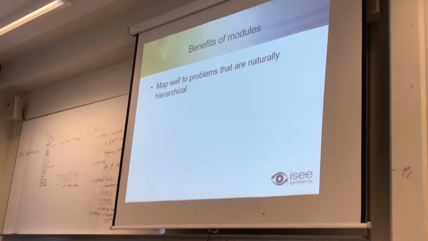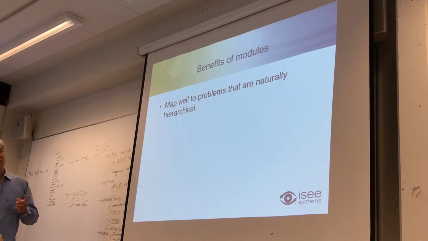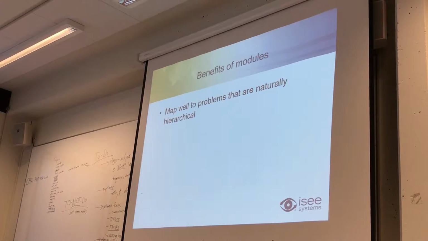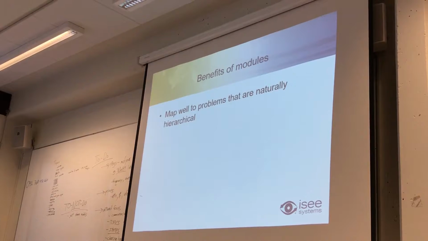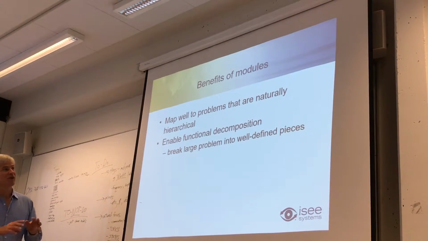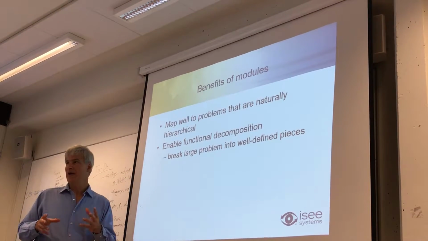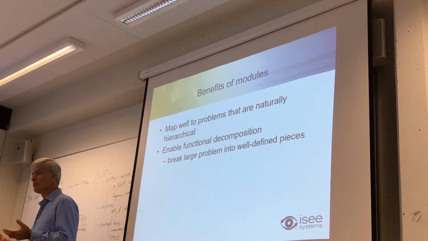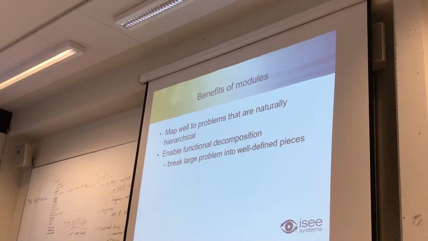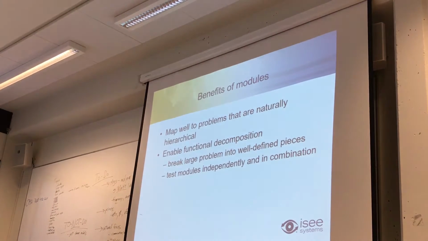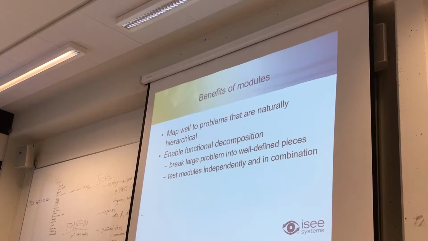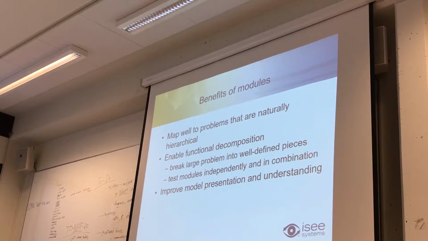I thought I had a slide that showed all the different parts, and maybe I don't. So anyway, it maps the projects hierarchically. It allows us to functionally decompose our program, so we can break our models into well-defined pieces that we can then build independently. We can test them independently and in combination, which is a very good thing. It allows us to present our model at different levels so people can understand it better.